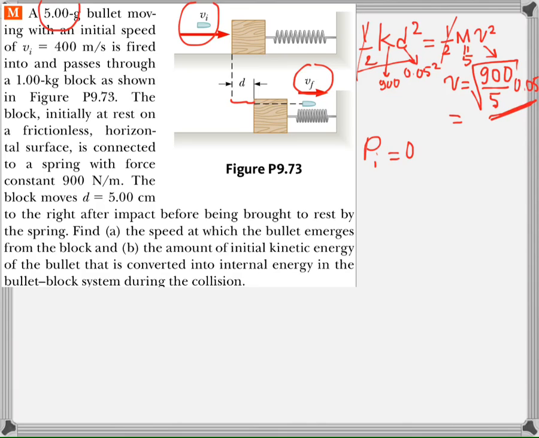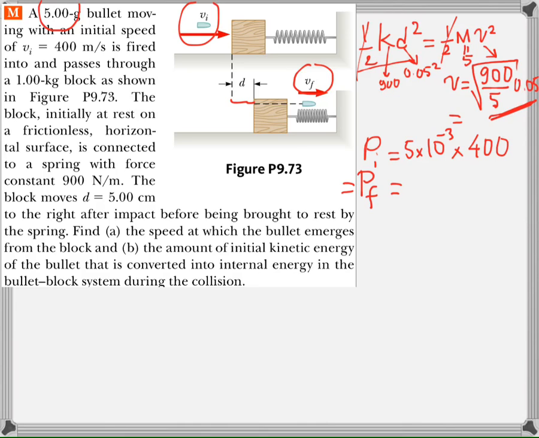Let's write it in scientific notation, 5 times 10 to minus 3 kilograms, times the initial velocity of the bullet, which is 400 meters per second. It is given in the problem. 400 meters per second. And this initial momentum must be equal to the final momentum.